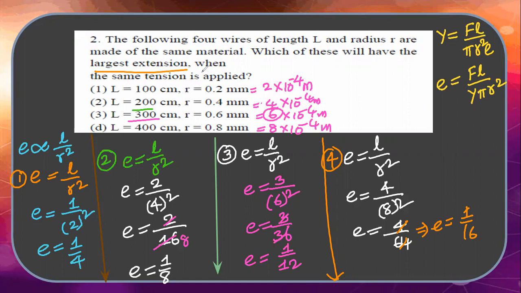Yes, A, the first option, is correct. L is equal to 100 centimeters, R is equal to 0.2 millimeters, then 1 by 4. This is correct. Next problem.